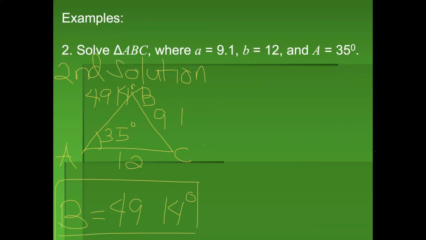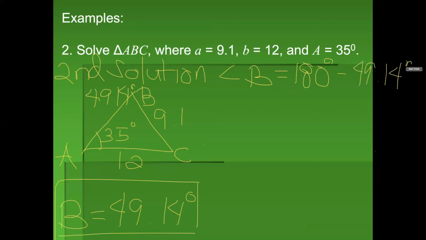So 180, we will now solve for the new value of B. That will be 180 minus the previous value of B, which is 49.14.